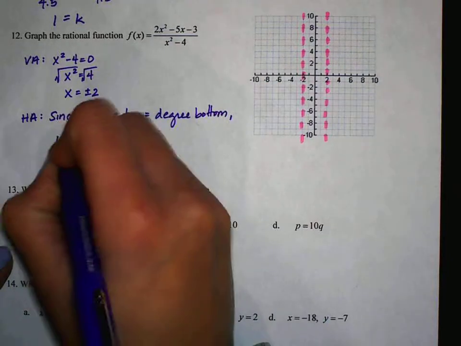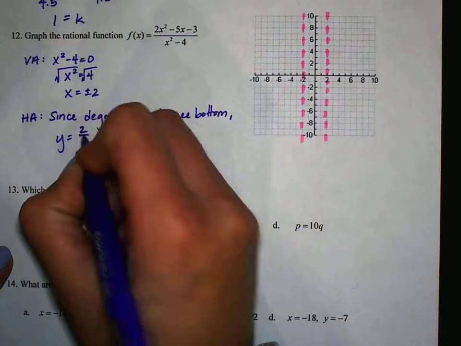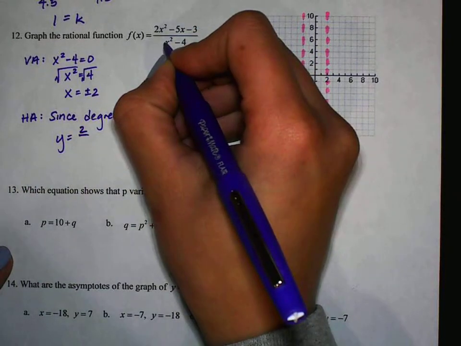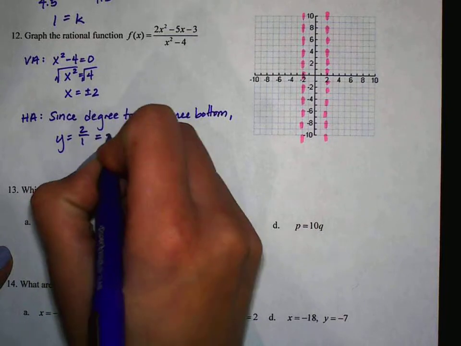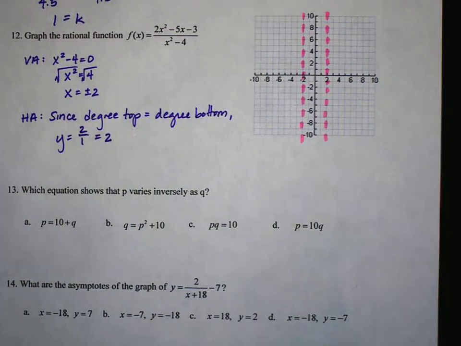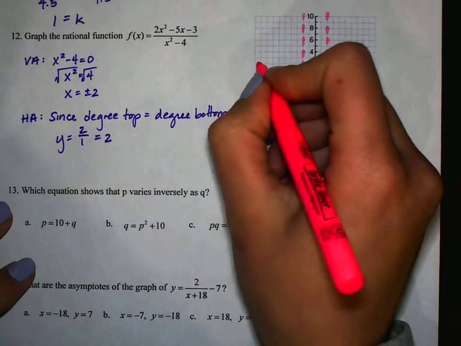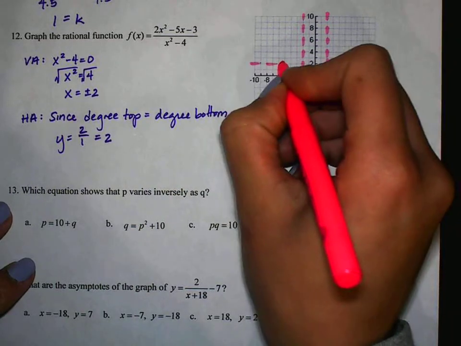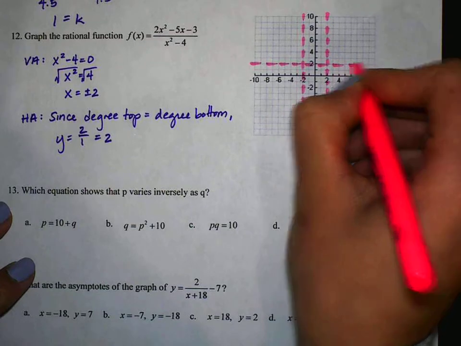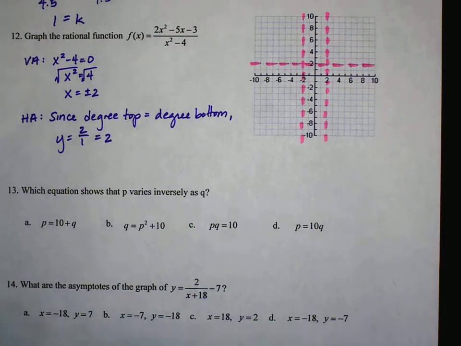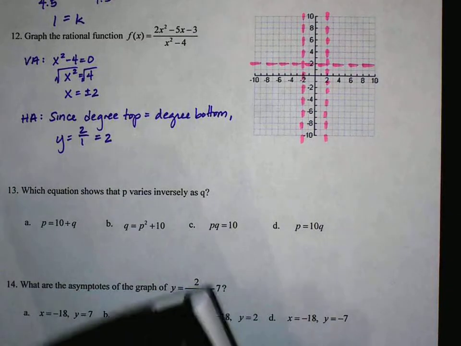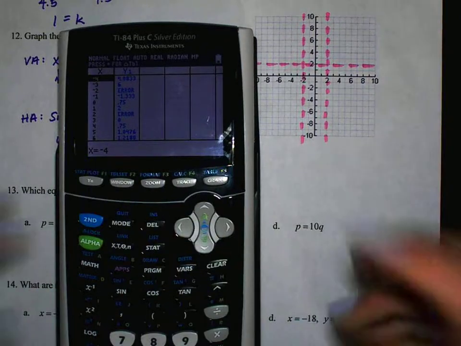So we're going to look at 2, this 2 right here, over the imaginary 1. So y equals 2 is my HA. So I'm going to go ahead, draw in a dotted line at y equals 2. Alright, so we have a good general idea of where my asymptotes are.